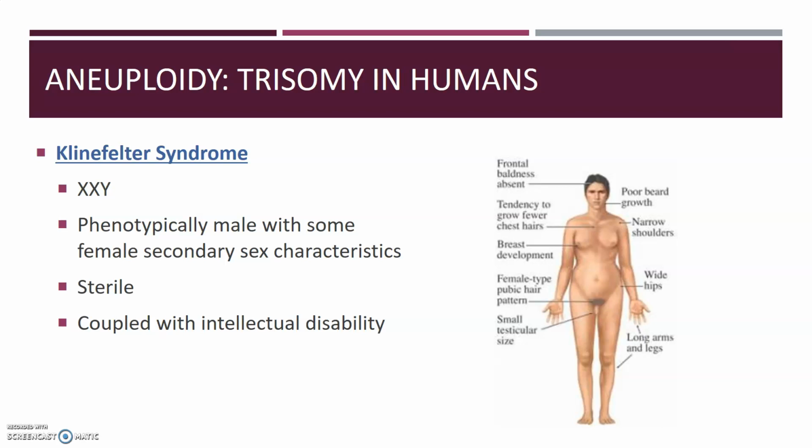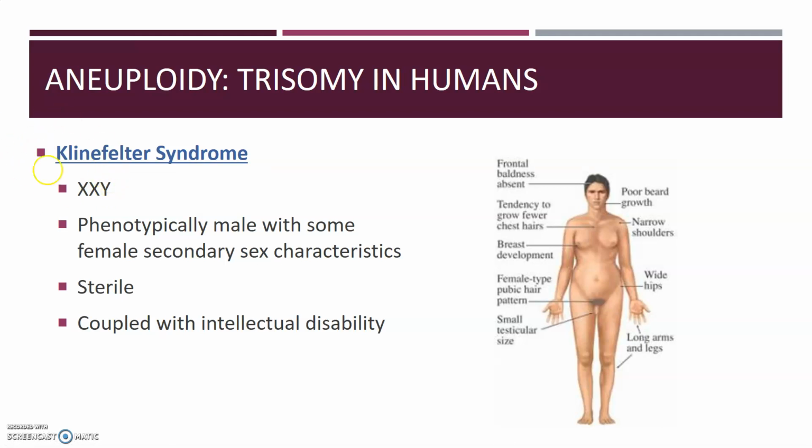So another example of a trisomy, or a syndrome where there are too many copies of one chromosome, is a syndrome called Klinefelter, where there are 3 copies of the sex chromosomes, particularly 2 X chromosomes and then a Y chromosome. Right, so normally you either have 2 X's or an X and a Y, and that determines your biological sex.